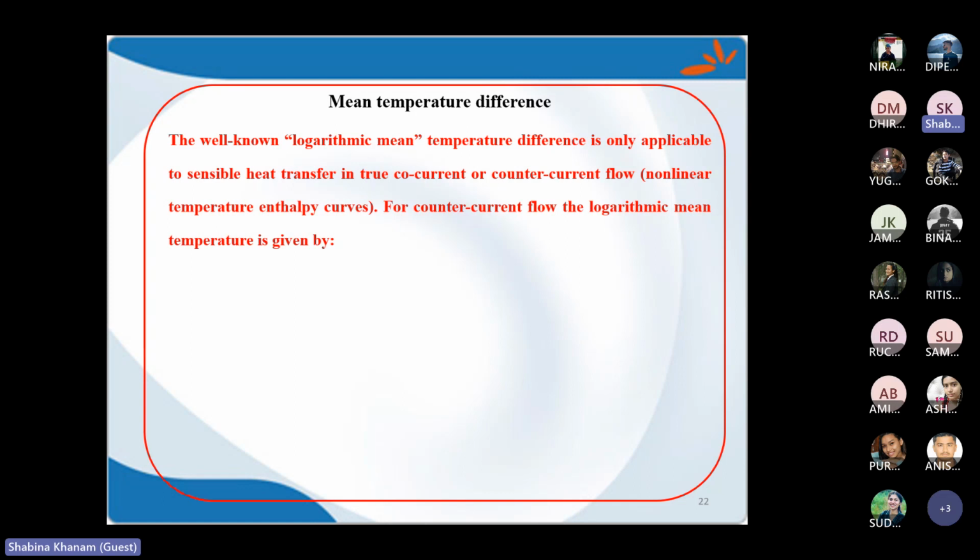Now, if you consider a double pipe heat exchanger, as far as flow is concerned, there are two possibilities: one is co-current, another is counter current. In double pipe only these two ways of flow are possible. I'm not talking about shell and tube, this is double pipe. If I consider counter current flow of fluids, how can we consider LMTD?